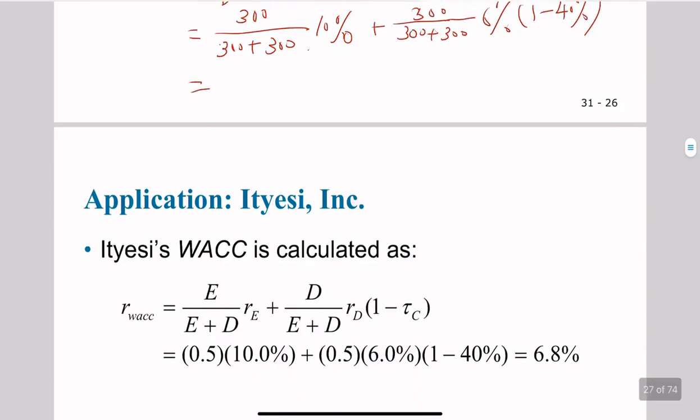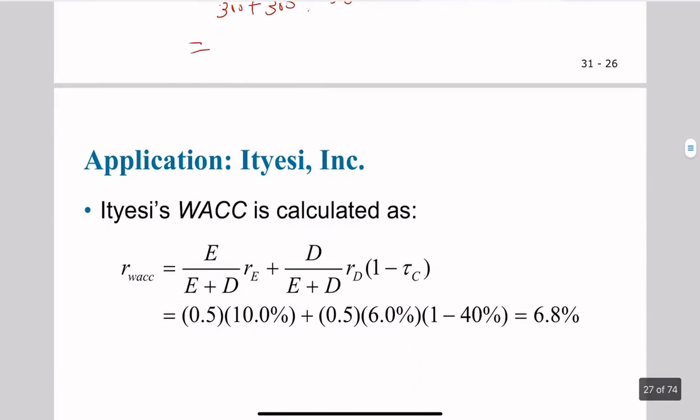And then this gives us a cost of capital of 6.8%. So note that this WACC is the cost of capital in Canada, right?